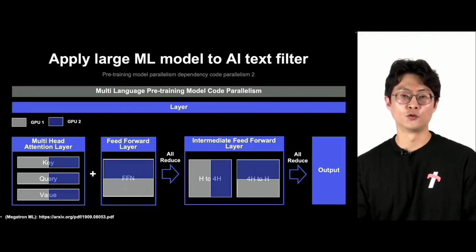What was interesting was that in this experiment, depending on the model structure, the training speed and performance showed a lot of variability. So all in all, parallelism code design was very important.